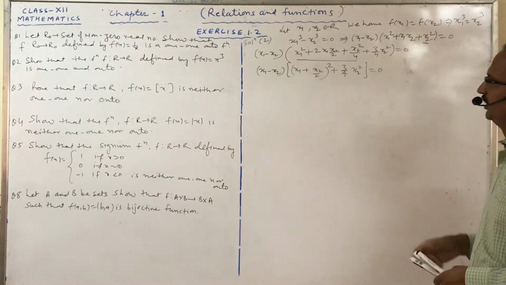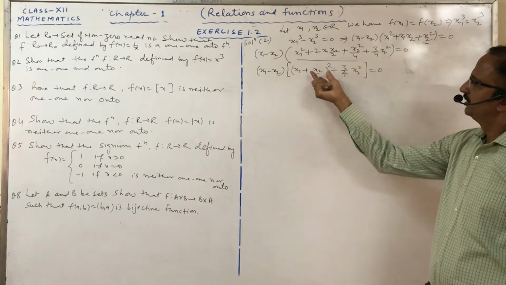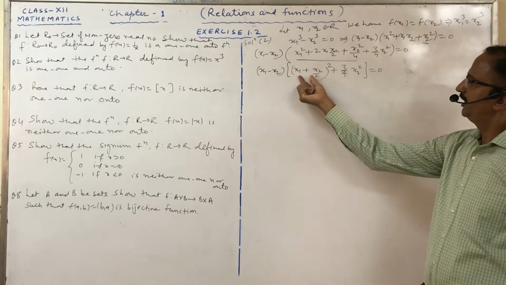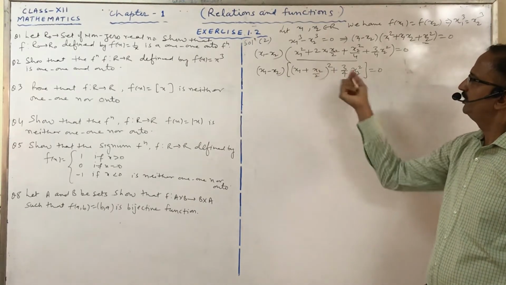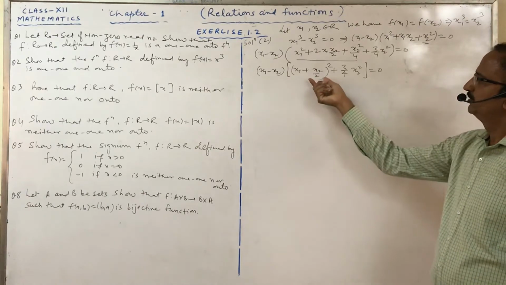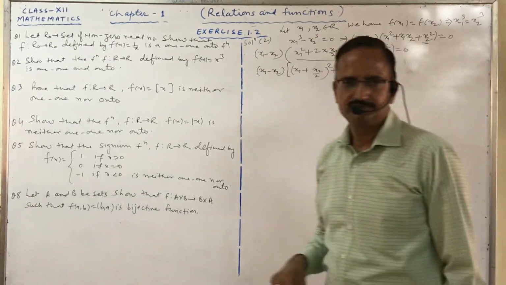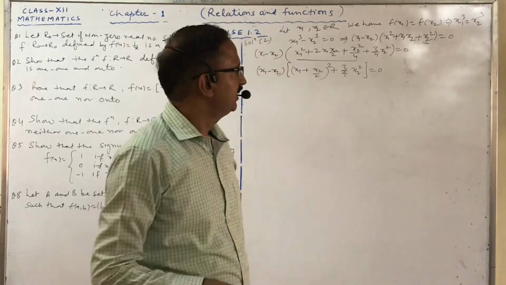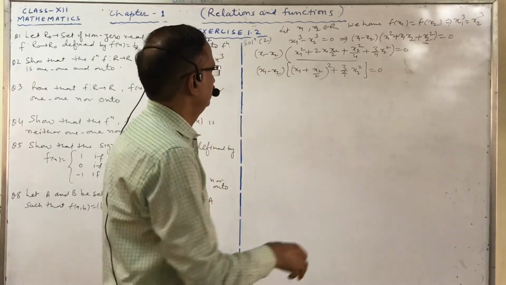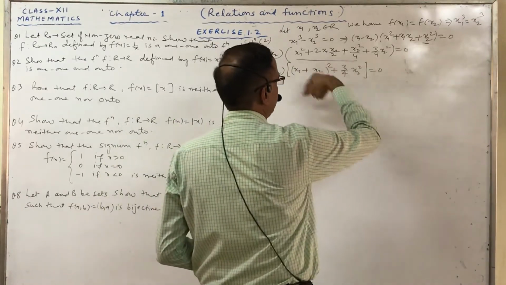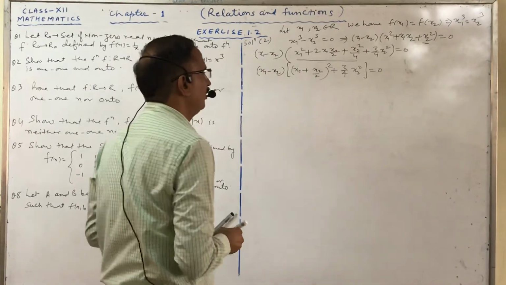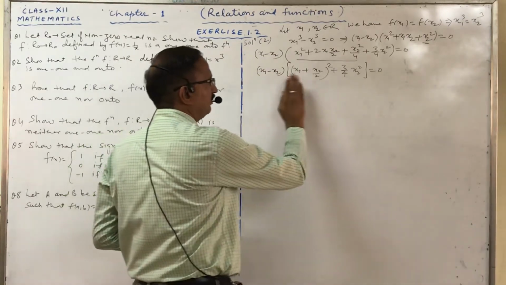Now this is the square of x1 plus x2 by 2, and this is also a square, so they can't be negative, or we can say 0. The sum of these total is not equal to 0, so the product of these two is 0.